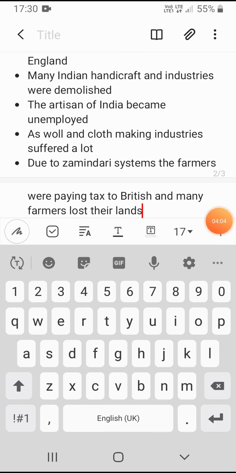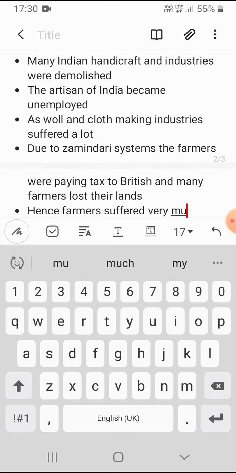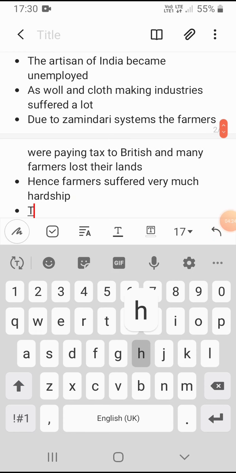Farmers suffered very much hardship, and the farmers protested on this.